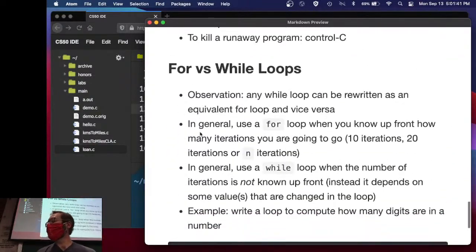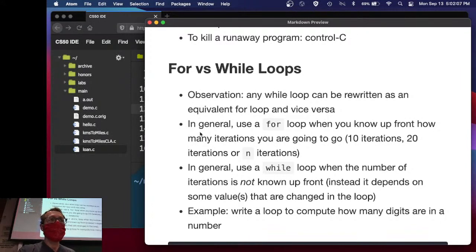So why do we have two different types of loops? We actually have a third type of loop, a do-while loop, that you probably saw in your reading that I'm not going to go over because it's not as useful as the others. The major difference is that the continuation condition is checked at the end of the loop. Therefore, a do-while loop is going to execute at least once, regardless of the continuation condition.